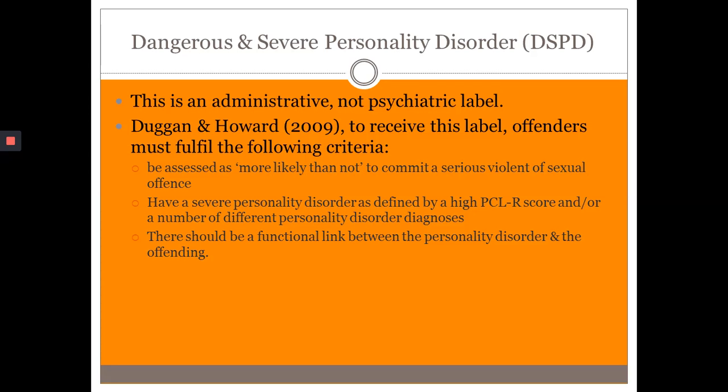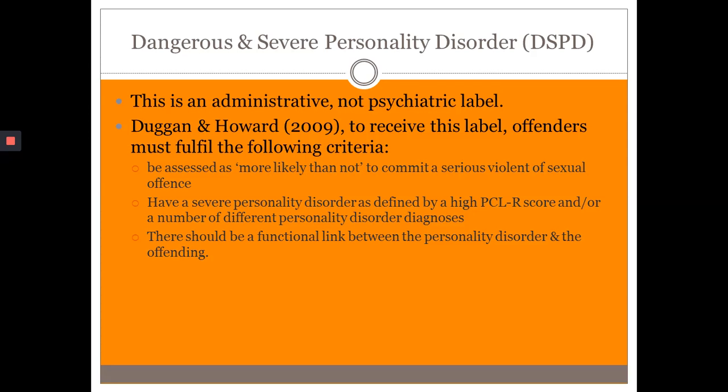The element about the functional link between the personality disorder and the offending is to suggest that some people could have criminal intentions and an illness, but those two things are unrelated. So the illness doesn't cause the crime, and the crime doesn't cause the illness. They just happen to be ill and criminal at one and the same time.